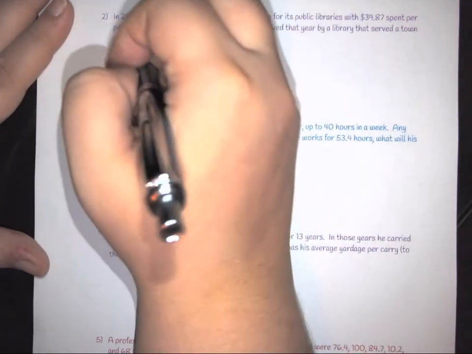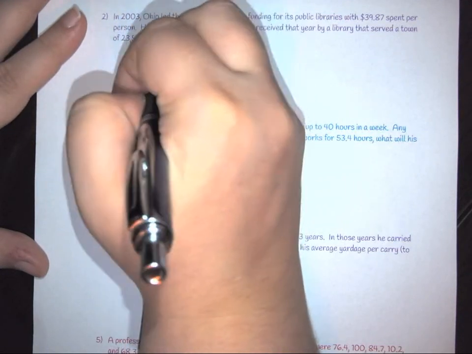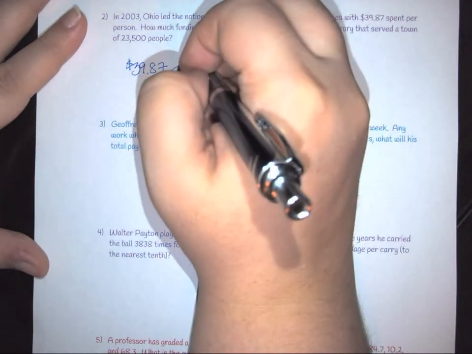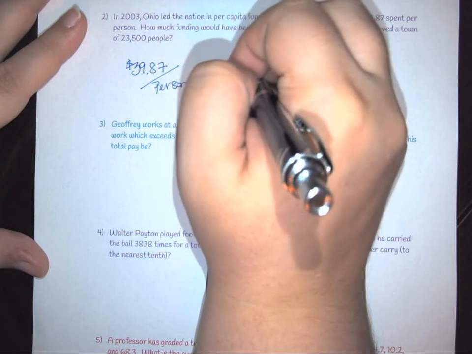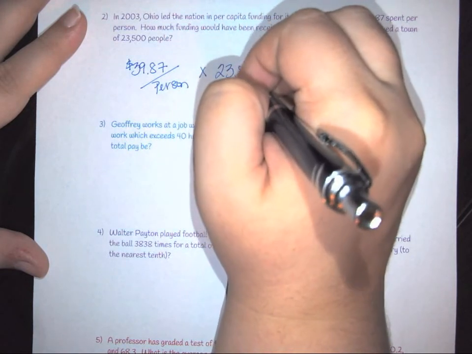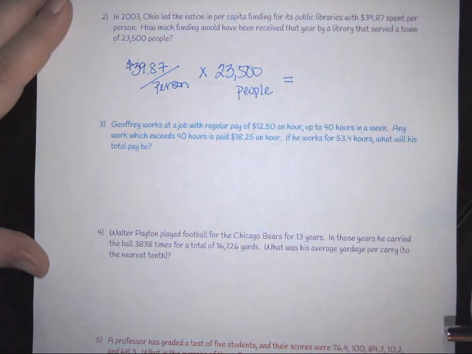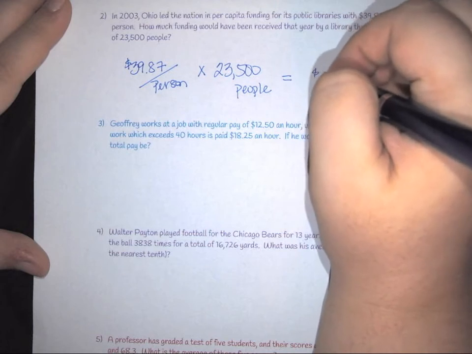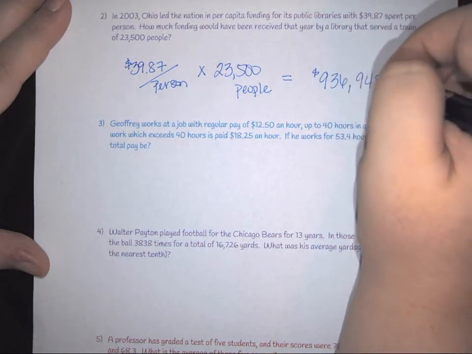So here we have that they would have spent $39.87 per person, and we are going to multiply this by 23,500 people. And this is going to tell us how much was spent. So when you multiply that, you end up with $936,945.